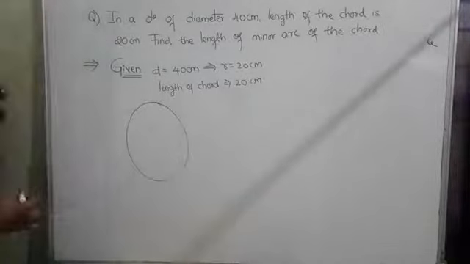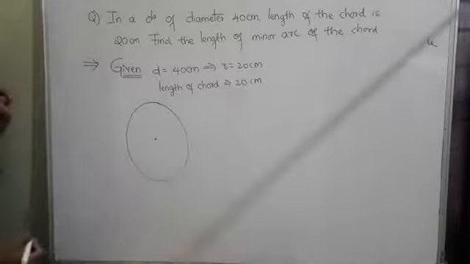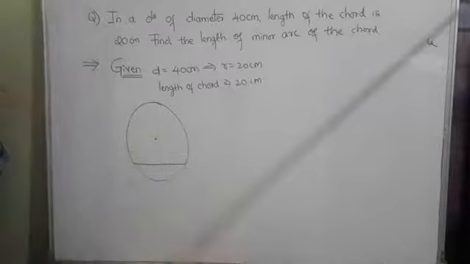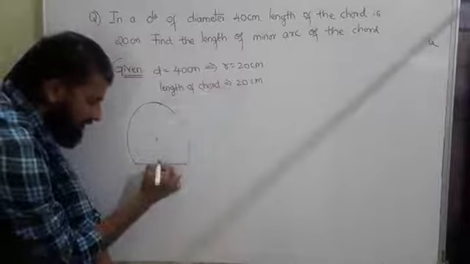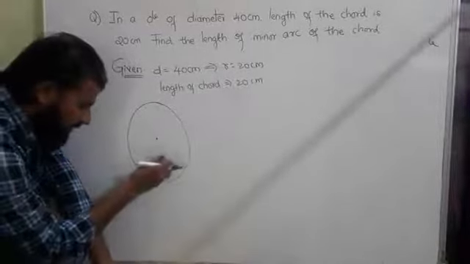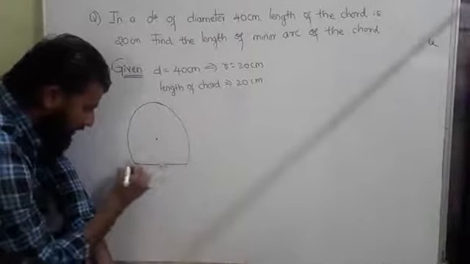Let me draw the circle like this with center here, and let me take the chord like this. This is my chord. Okay, the length of the chord is, let's say, 20 centimeter. Let me write somewhat bigger so that you are able to understand. This is 20, AB is the chord.